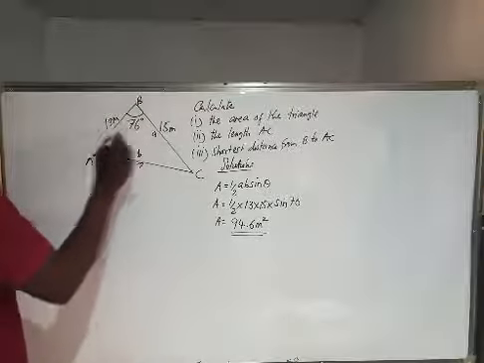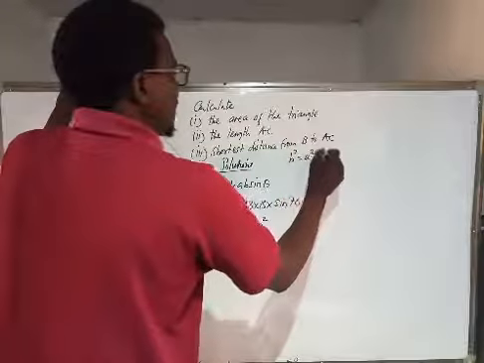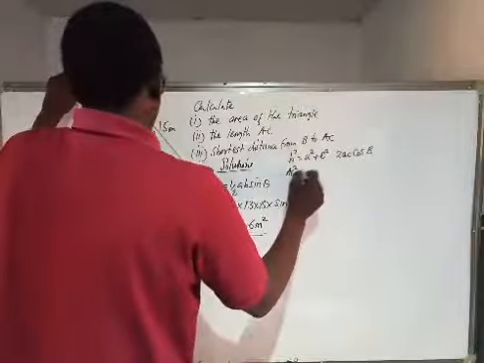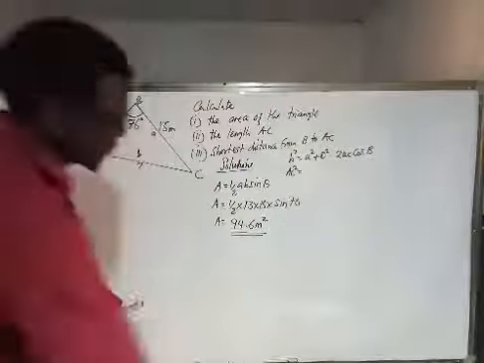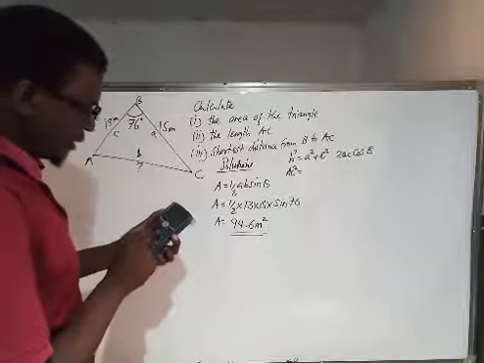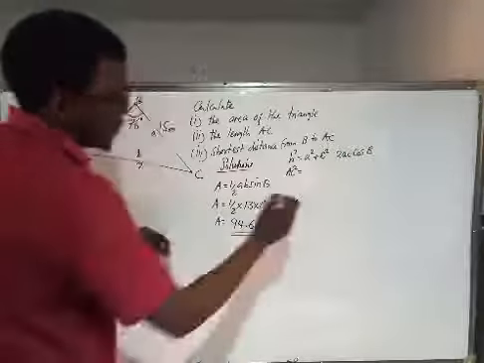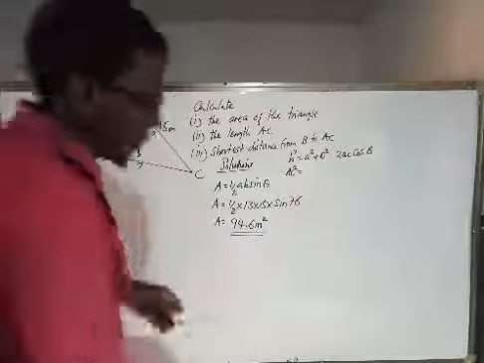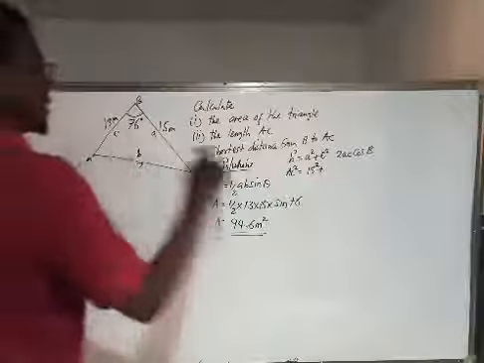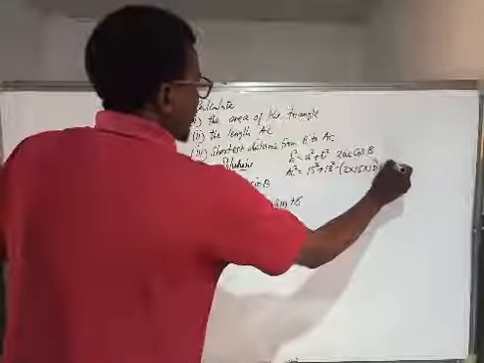This is going to be side B, side A, and side C. So we are going to say side B squared is equal to A squared plus C squared minus 2AC cos B. So we replace, this is going to be AC squared equal to, our A is 15 squared, our C is 13 squared, minus 2 times 15 times 13 with a cos 76.